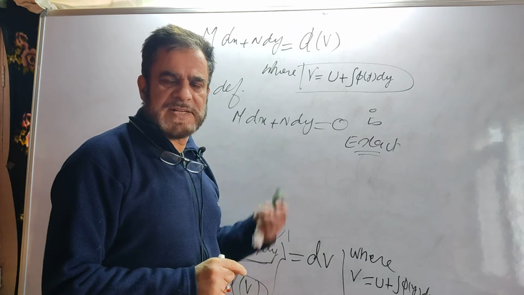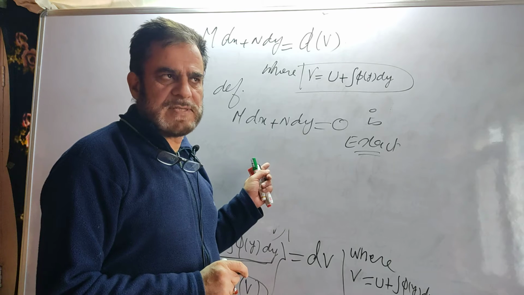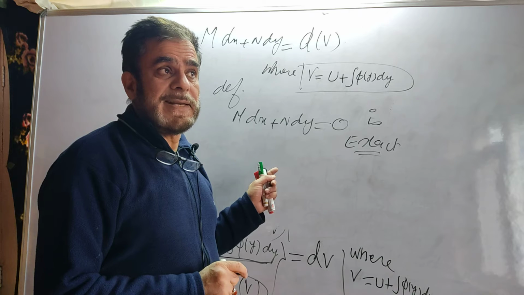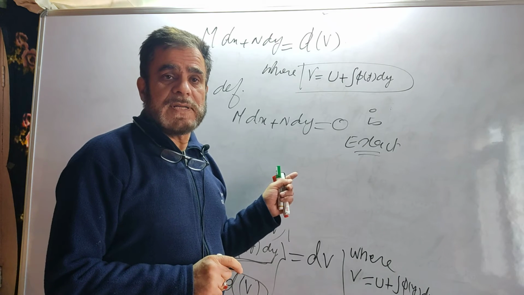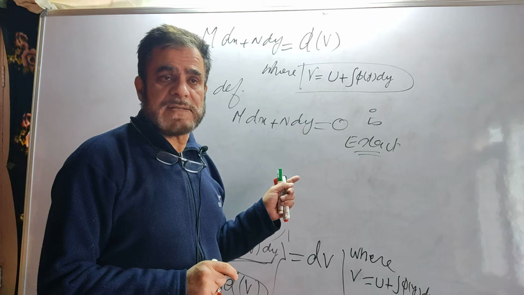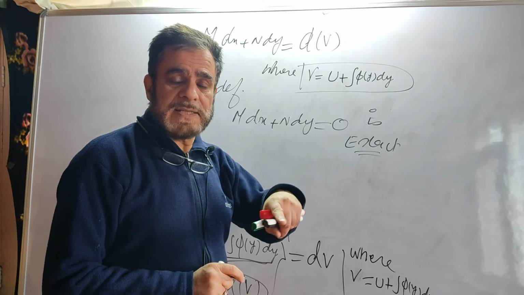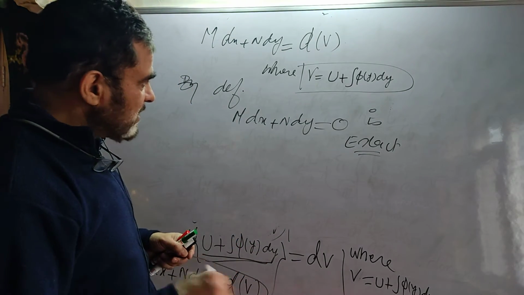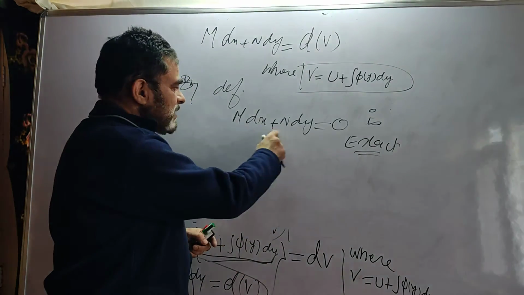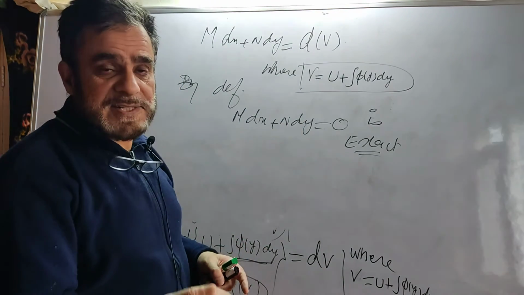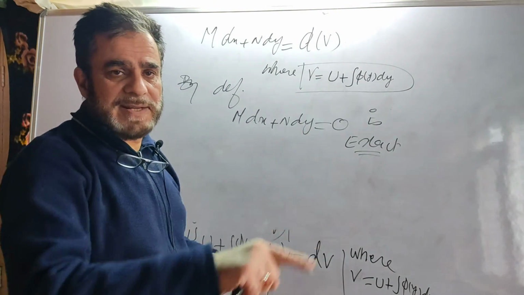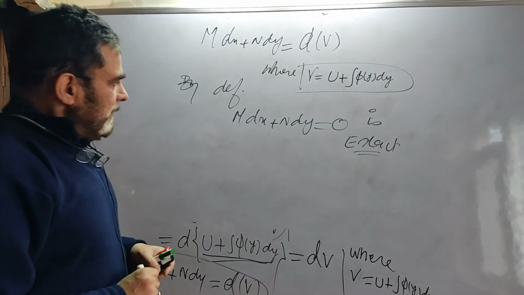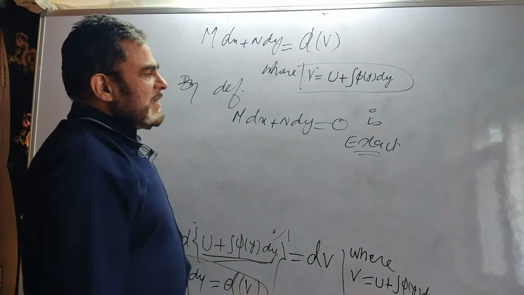In our previous lecture, lecture number 1, which is very important if you want to go through this lecture number 2, we did the necessary condition for M dx plus N dy to be exact. We proved there that if it is exact, then partial of M with respect to y is partial of N with respect to x. Conversely, if M dx plus N dy equals 0 satisfies del M by del y equals del N by del x, then M dx plus N dy is exact.